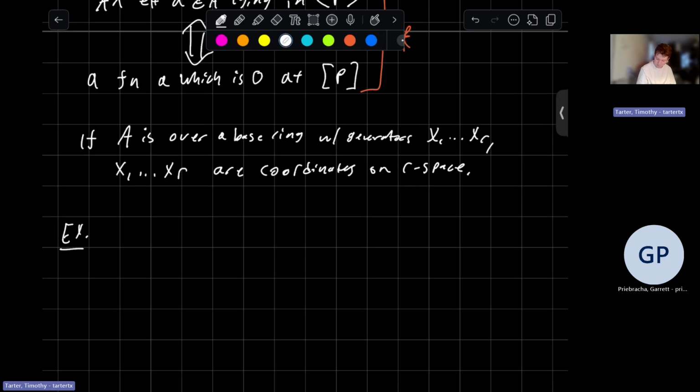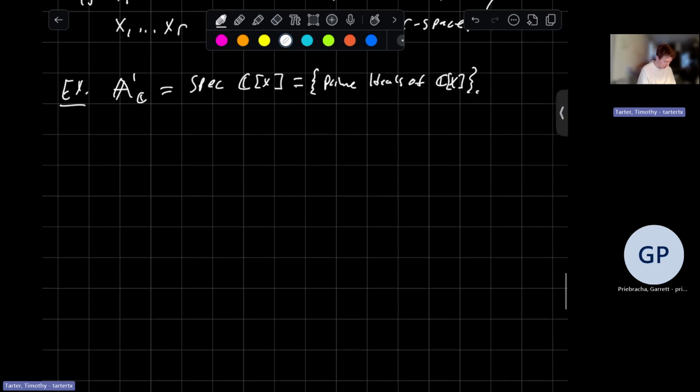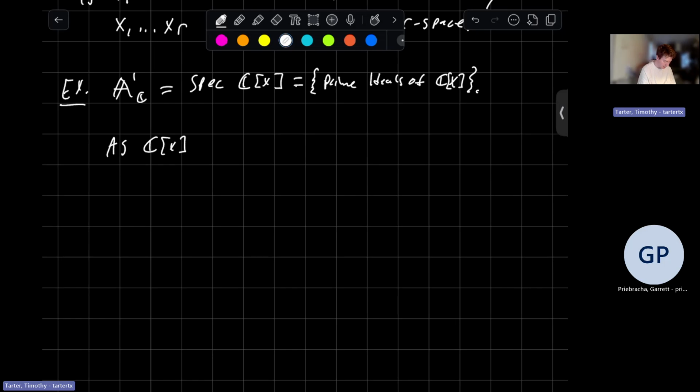Example: the complex affine line. So consider A1 over C, which is equal to spec of C[x]. Let's find the prime ideals of C[x]. As C[x] is an integral domain, 0 is prime.